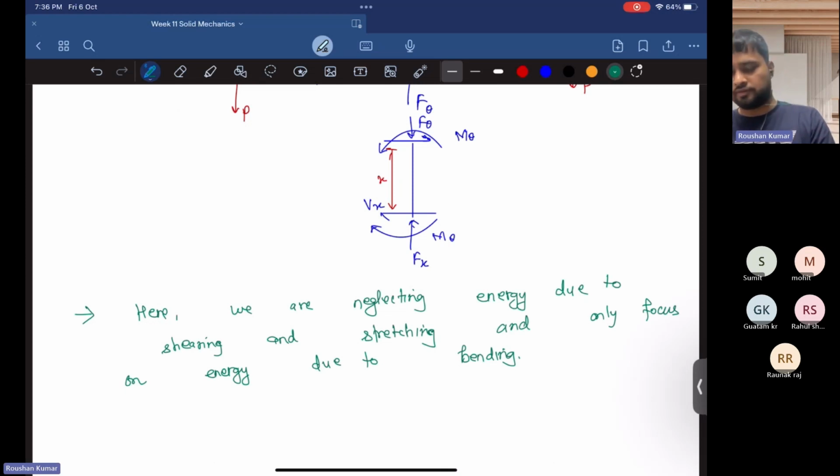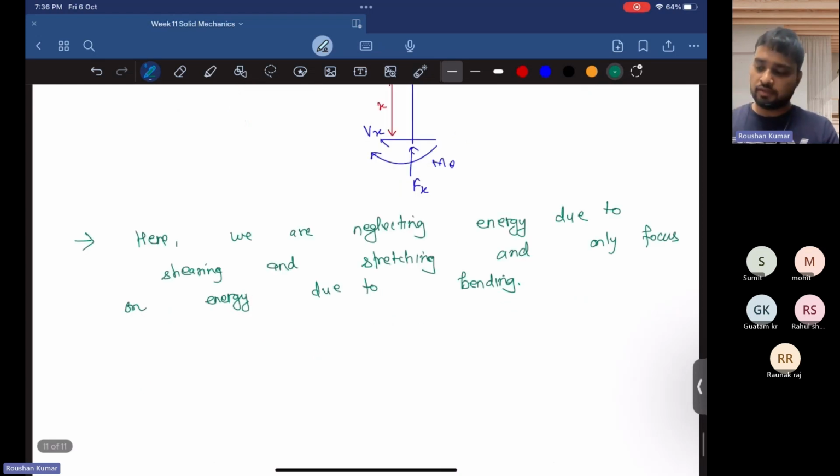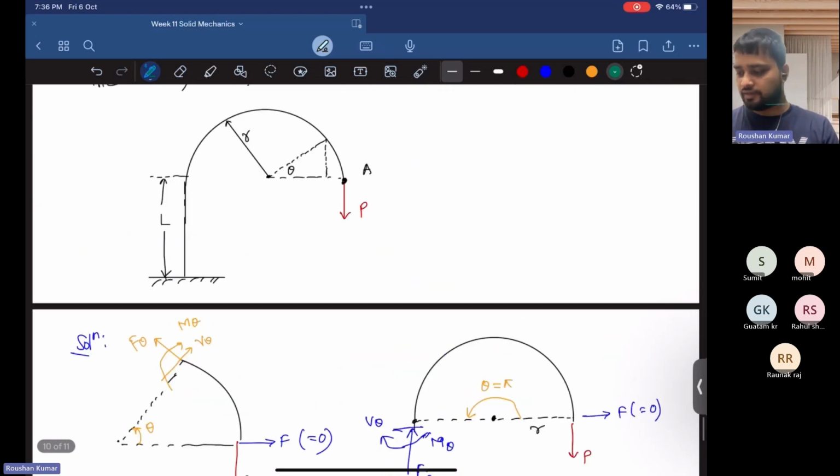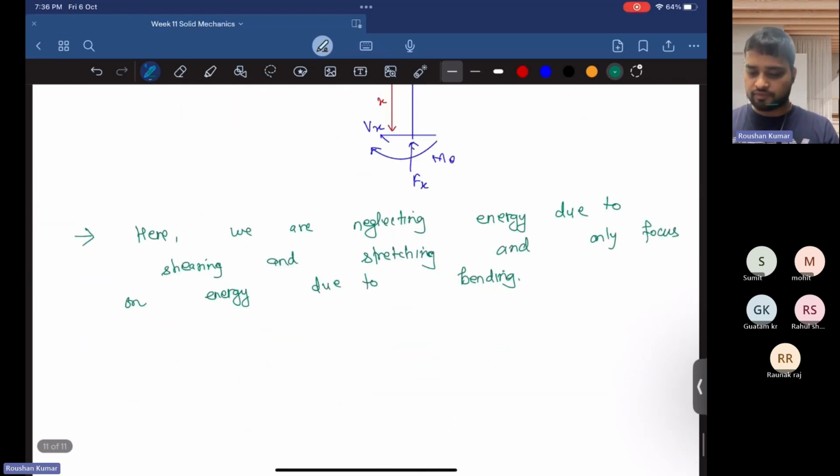So from now on we only consider the energy due to bending in all these problems. So let's start with the bending moment at any section of the curved surface.